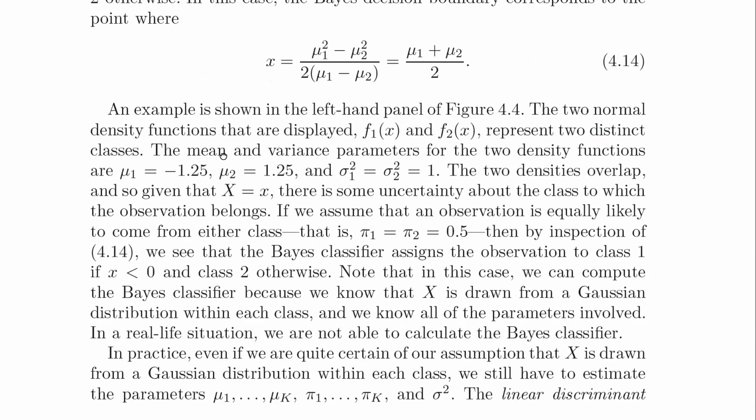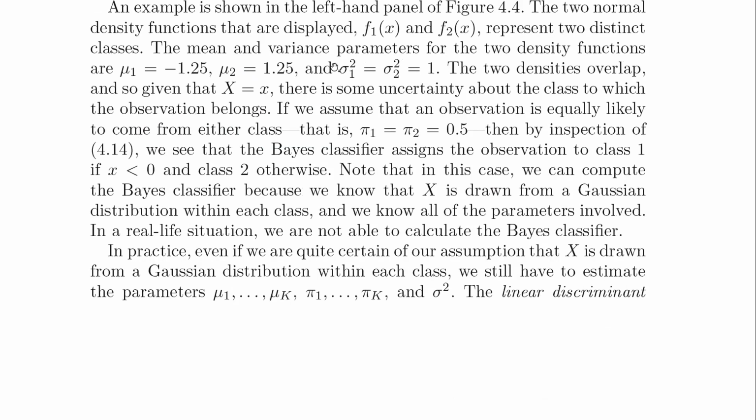And the same variance. So sigma 1 squared and sigma 2 squared, both 1. These two densities overlap. And so given that x is equal to x, there's some uncertainty about the class to which the observation belongs.